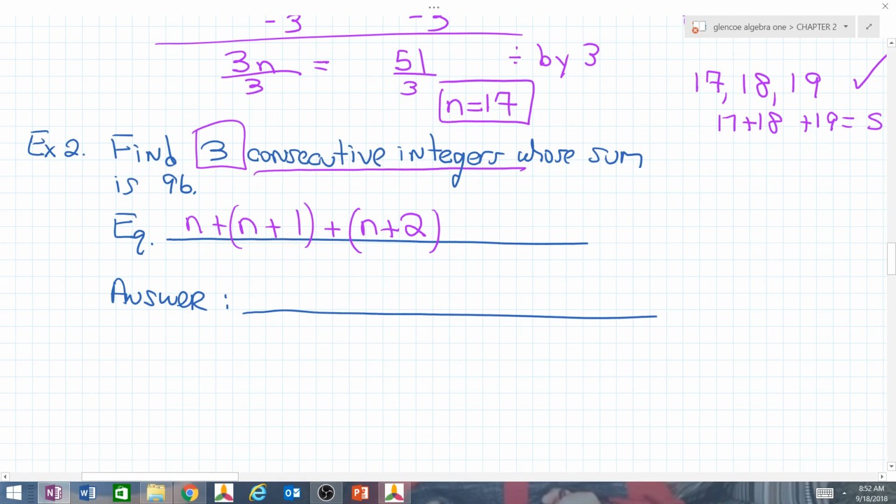Okay. Whose sum is 96. So let's finish the equation. What's missing? Equals 96. So everybody go ahead and solve that for me.